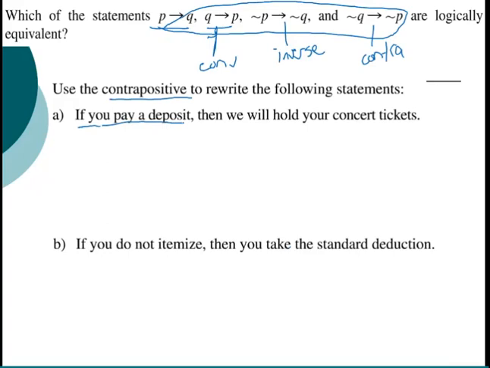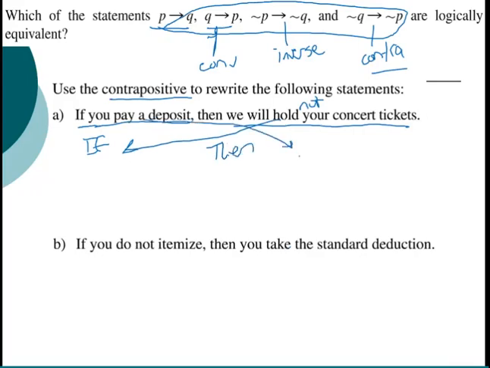If you pay a deposit, then we will hold your concert ticket. So the contrapositive says negate and switch. So we're saying if we will not hold your ticket, so that's going to go right here, then you will not pay a deposit. So you can hear that the way that it sounds.